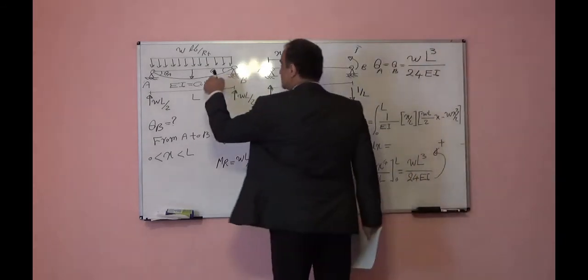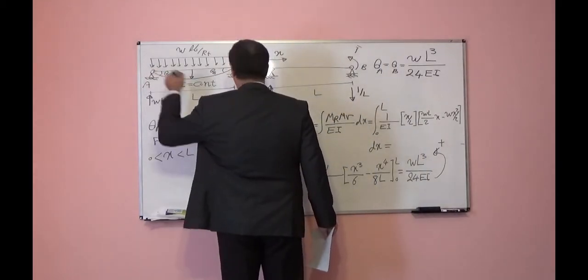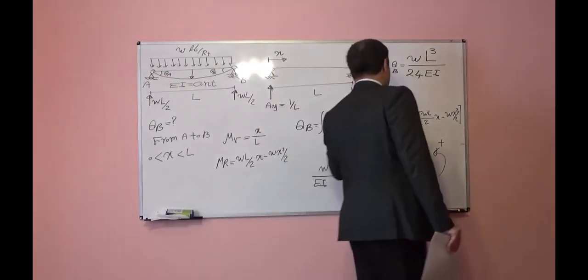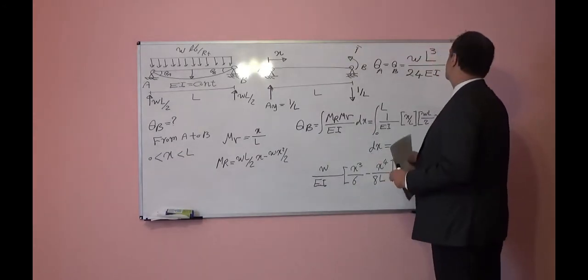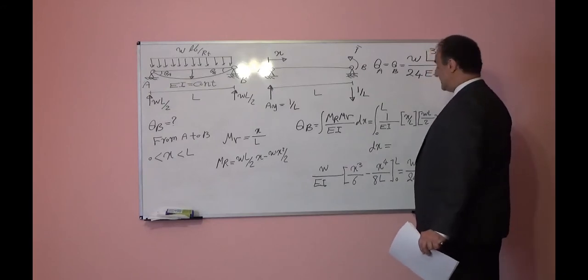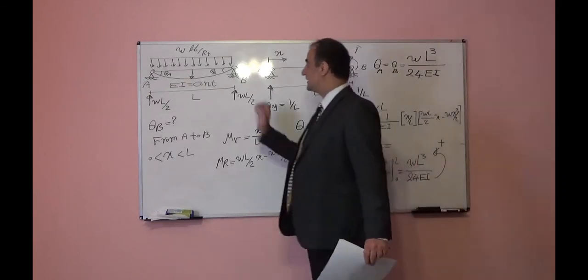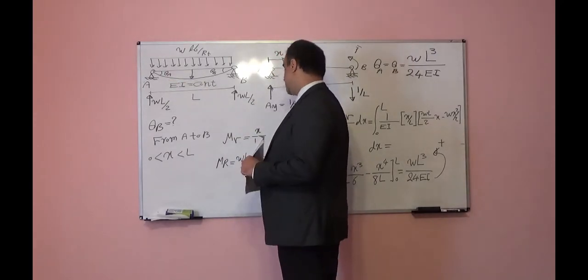You see the rotation is counterclockwise, but theta A is clockwise, so it is negative. Both magnitudes are WL cubed over 24 EI, but the direction of theta B will be counterclockwise, positive, and theta A will be clockwise, negative.